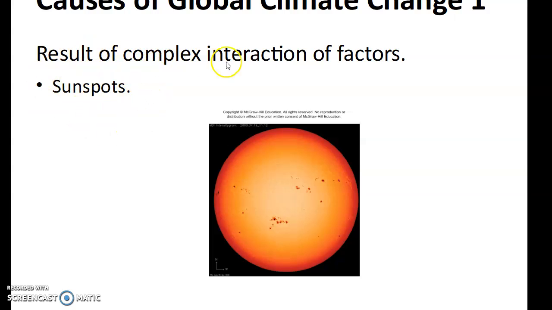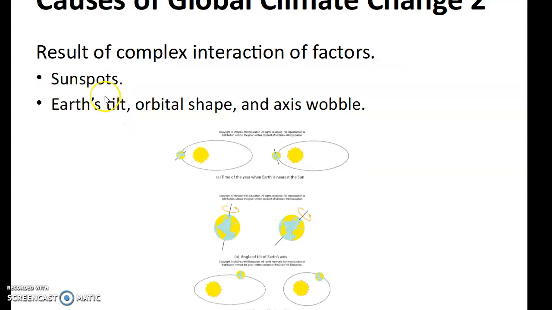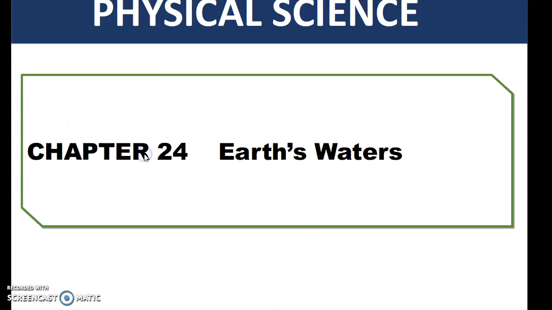Okay? But it's an interaction of many different factors, and it depends upon where you are. But sunspots, I mean, this is where we get all of our energy from, right? It comes from the sun first, before it's converted by plants into things which we can burn. Complex interact, and in addition to those sunspots, it's also the Earth's tilt, orbital shape, axis wobble, the different gases we have, all sorts of different things.